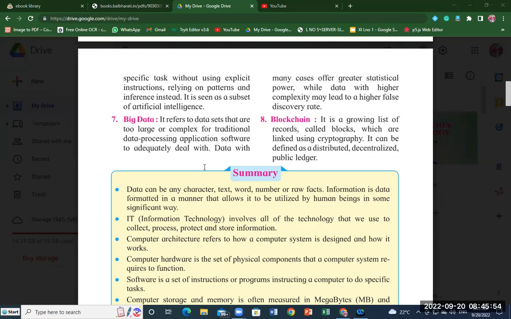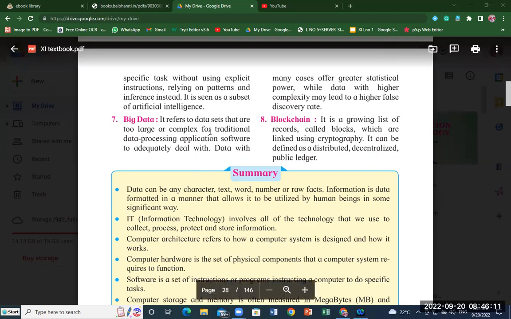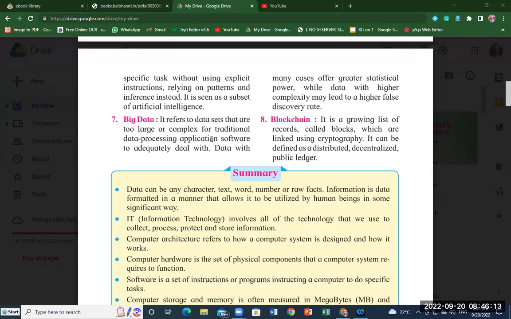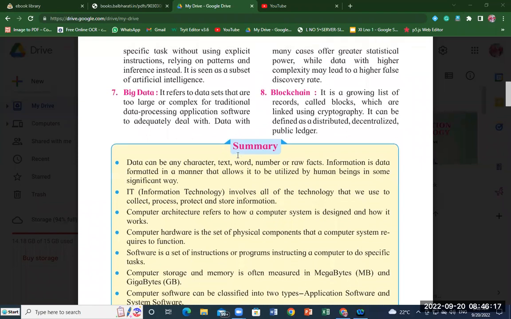So there are certain limitations for all devices, let it be a server, let it be your cloud computing, right? But I have big data with me, and I need to handle that. It refers to data sets that are too large or complex for traditional data processing application software.